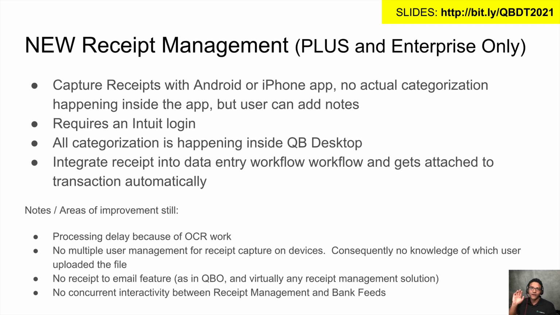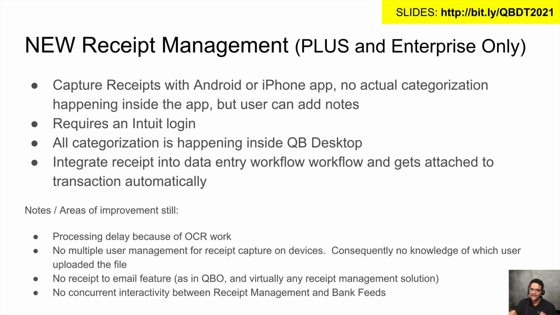So I think where I see the silver lining is they probably have enough budget to continue to make sure that this feature works. Now, all the categorization happens in QuickBooks Desktop, not in the app. This is fundamentally different than taking pictures of a receipt with QuickBooks Online. When you do that in QuickBooks Online, you can do the categorization in QuickBooks Online. This happens all in the desktop app.